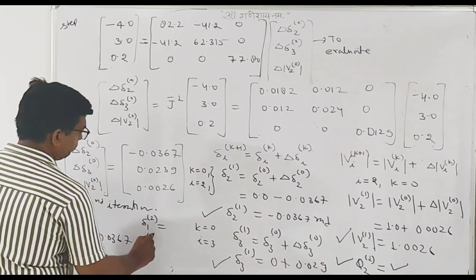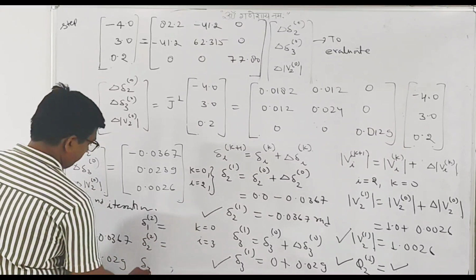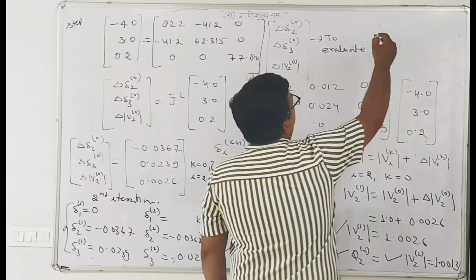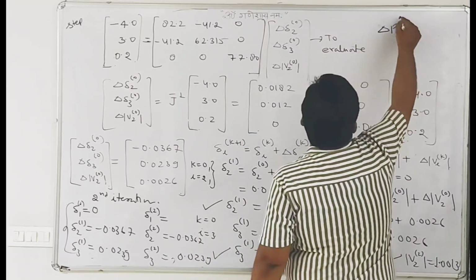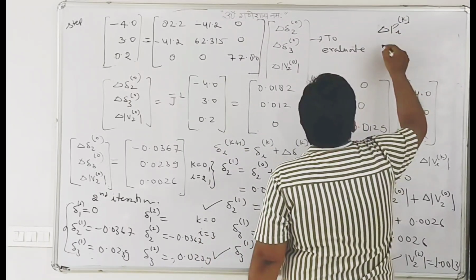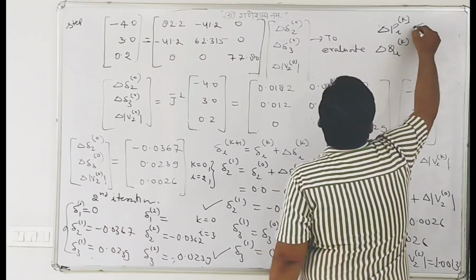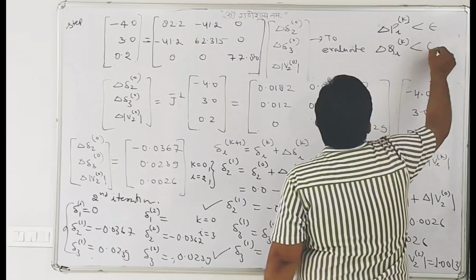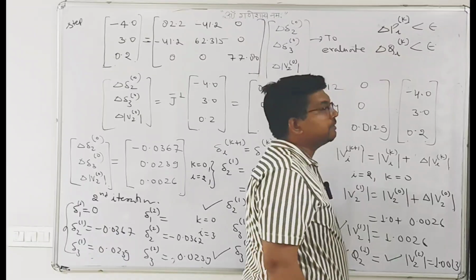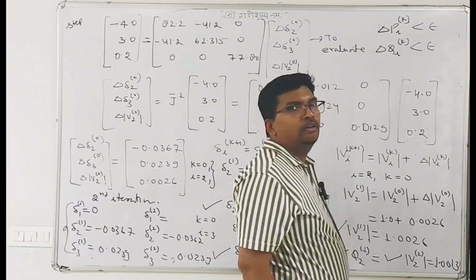That is, delta 2, delta 3, and the change in the power, delta Pik and delta Qik, when less than epsilon. Now, what is this epsilon? Epsilon is the tolerance value.